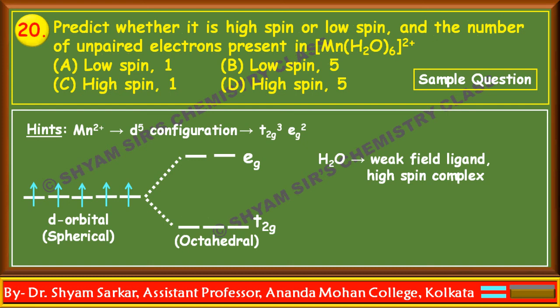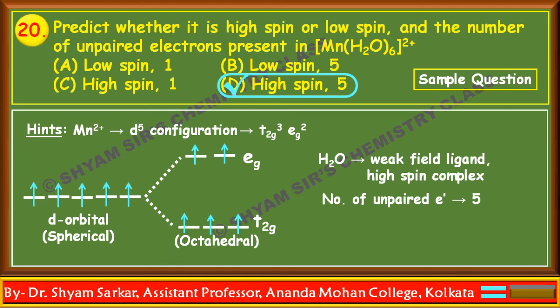You can see the electronic distribution in the t2g and eg levels, t2g3 and eg2, so the number of unpaired electrons will be 5. So high spin and 5 unpaired electrons, which matches with option D. So option D is the correct answer here.